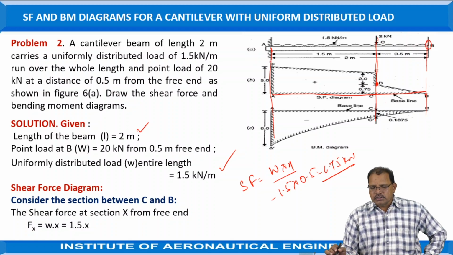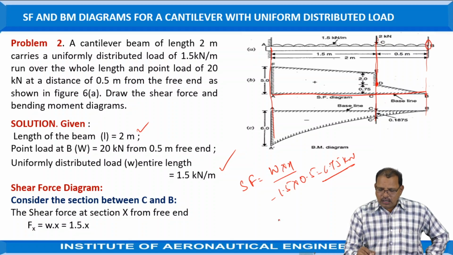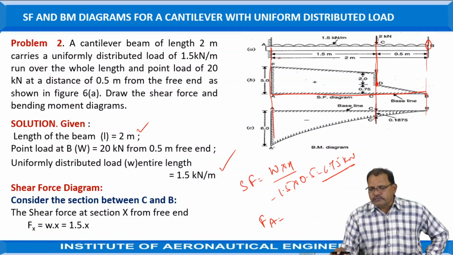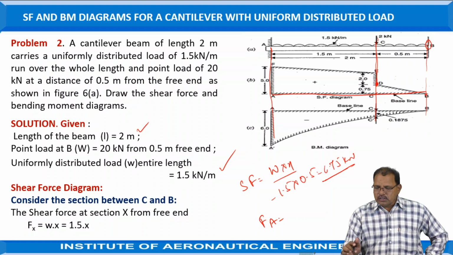The shear force at A is equal to FA, the total unbalanced force acting on the beam, which we have to consider.